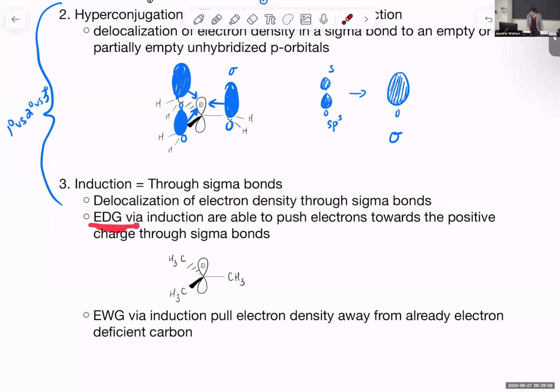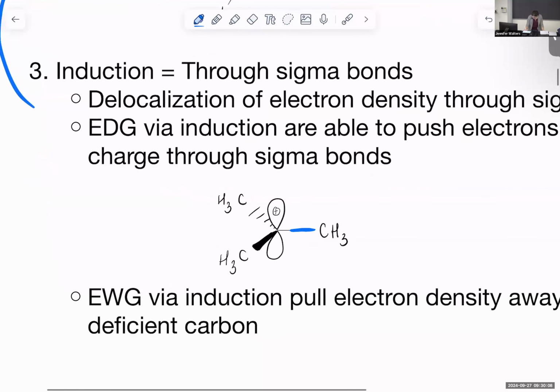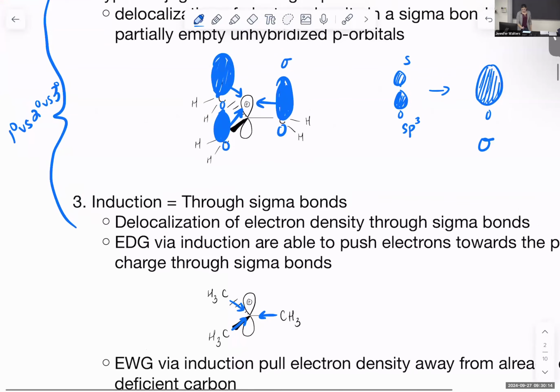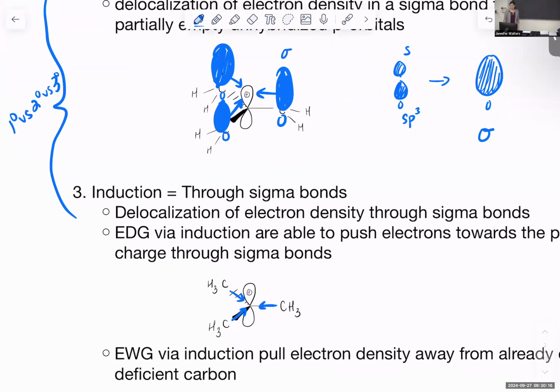We can have electron donating groups via induction. They are going to push electrons towards the positive charge through that sigma bond. So it's just through the bond itself. So again, the more sigma bonds you have, the more carbons attached, the more stable you become, because the more you have, donating a little bit of that electron density to help stabilize the positive charge.